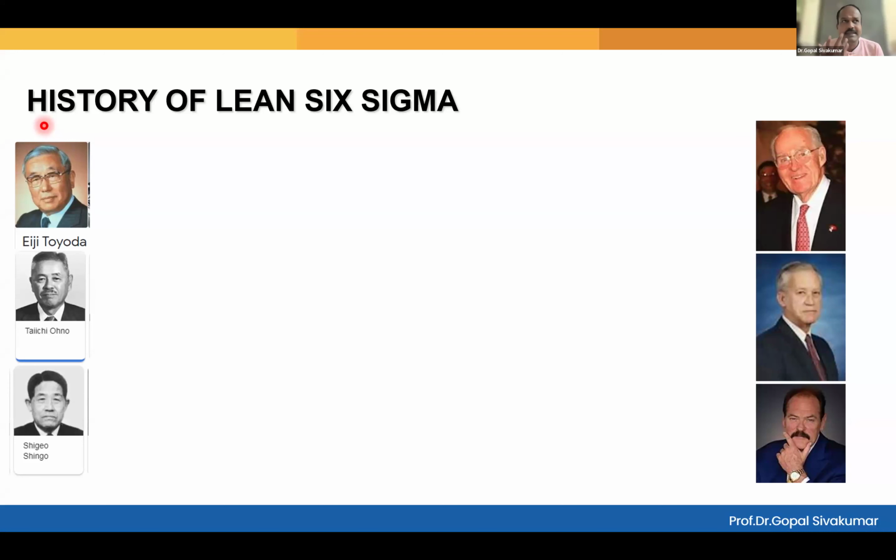Any customer would like to have multiple variants in a particular type of car. Yes or no? We want cars in different colors, different variants. To cater to this requirement, Toyota developed a model and named it the Toyota Production System.